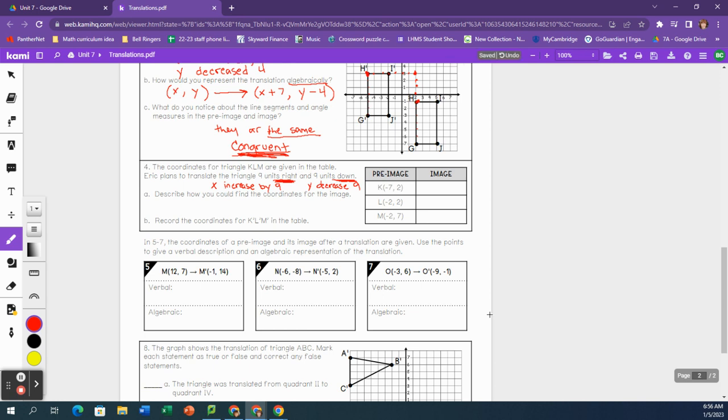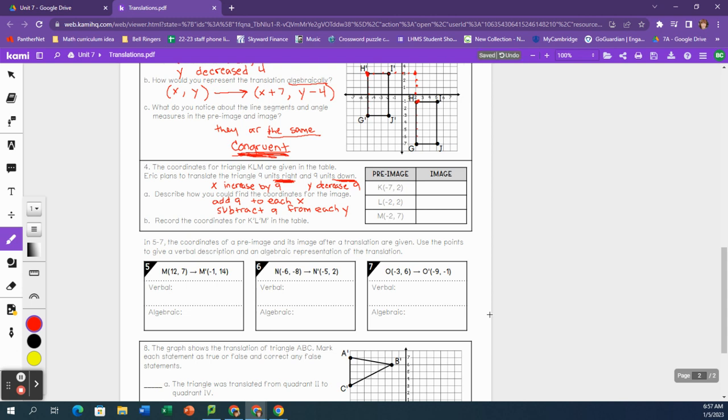Okay. Describe how you could find the coordinates for the image. Well, we just add 9 to each X and subtract 9 from each Y. So let's do that.